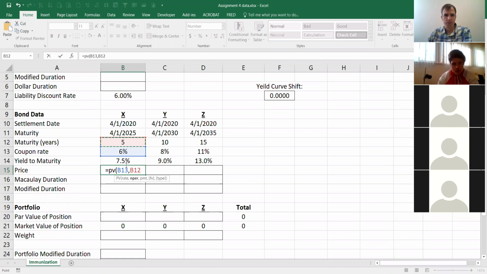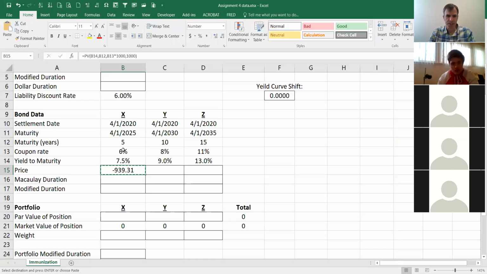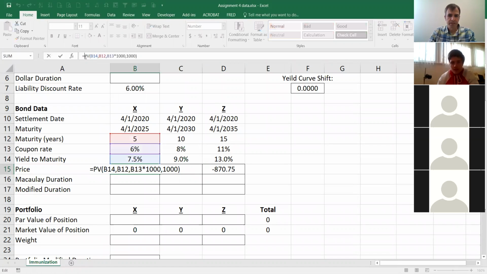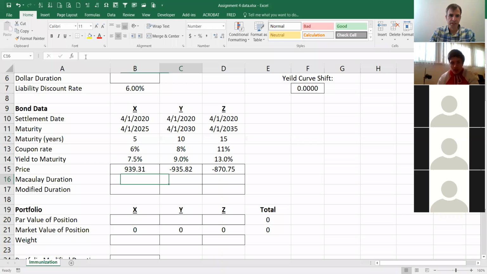The yield to maturity is 7.5%, a 5-year bond, and we'll assume a face value of 1,000. And so you probably got bond prices that maybe look about something like this. Exactly right. Something in the $900 range. And then the present value of the liability stream is like 30-something million.